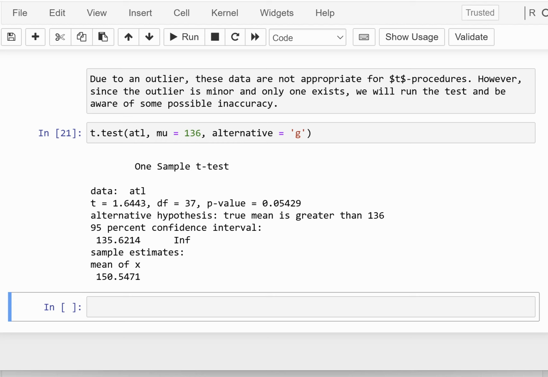That's why we have rules. That's why we understand the assumptions. Why? Because R will run any statistics we give it. We are the ones who have to be sure that the data we feed into the procedure is appropriate for it. If we're going to run a t-test, we've got to make sure that the data we're shoving in there is appropriate. Why?